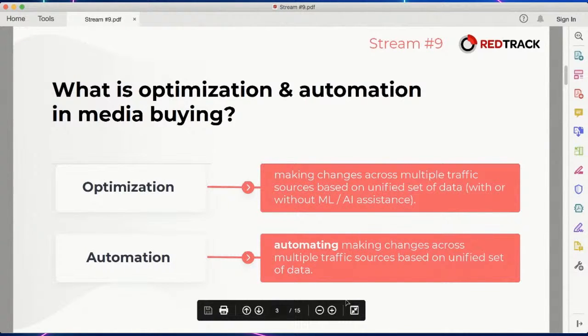So in terms of optimization, you set the goal, and robots, machine learning, AI, whatever you want to call it, they do the job for you. With automation, you set the rules, and the system would do exactly the same what you would do following the rules you would set. Sounds very similar, but they are different, and we'll try to talk about it.